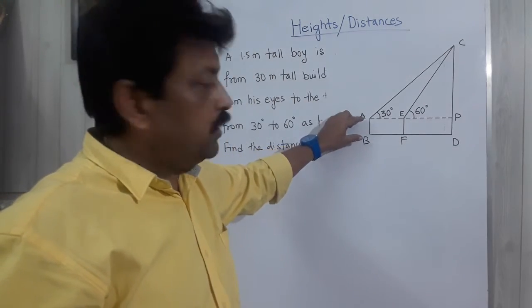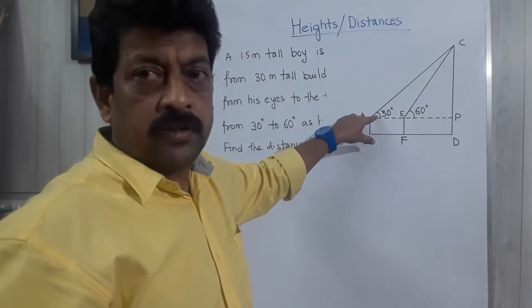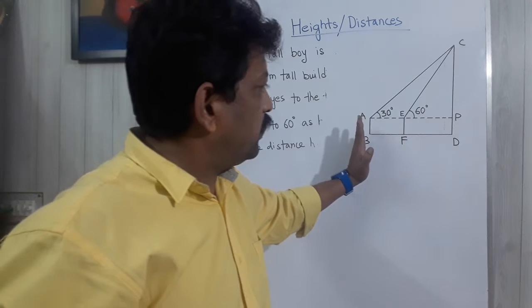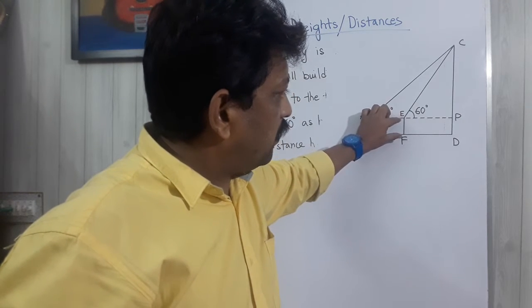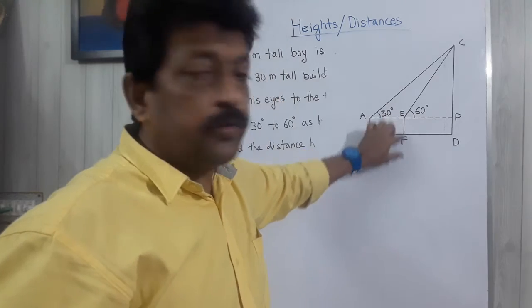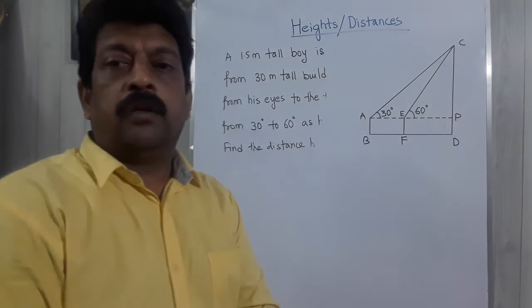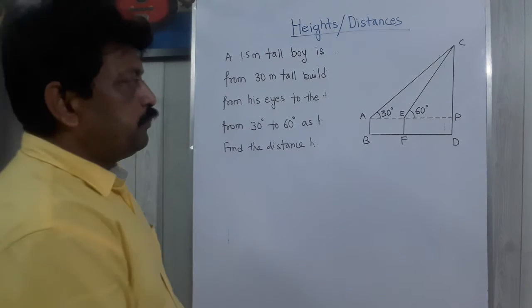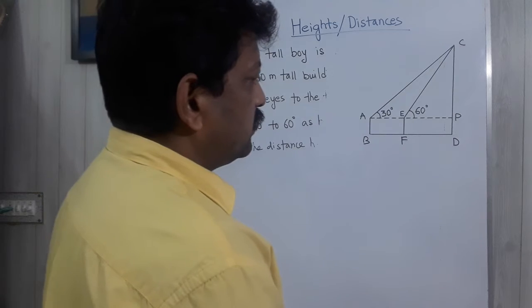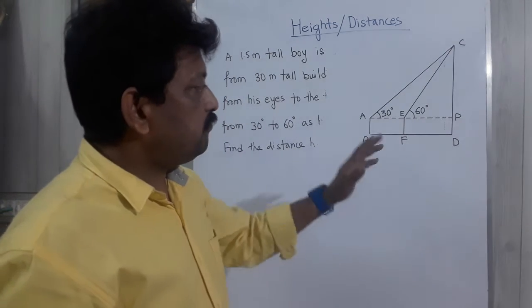From A, he is looking at the top of the building when the angle of elevation was 30 degree, and when the boy moved towards the building, at a certain point EF is the new position of the boy. From E, the angle of elevation of the top of the building is 60 degree. Now we have to find the distance walked by the boy towards the building.